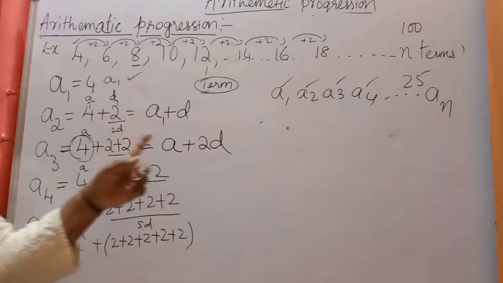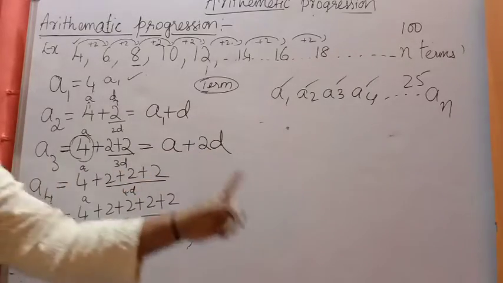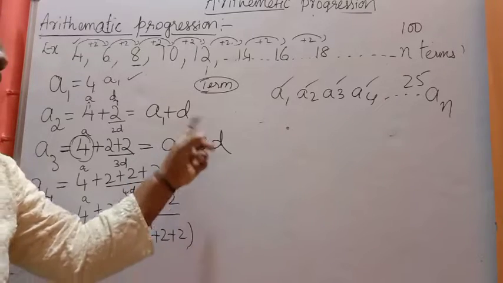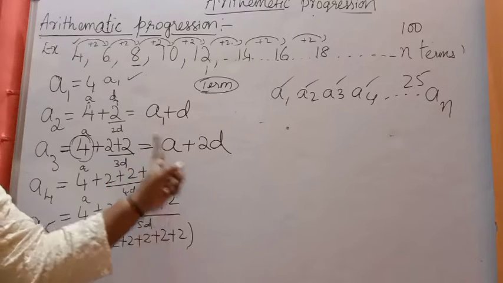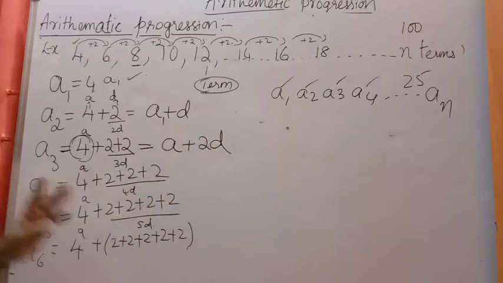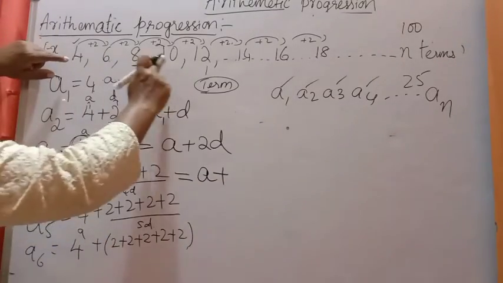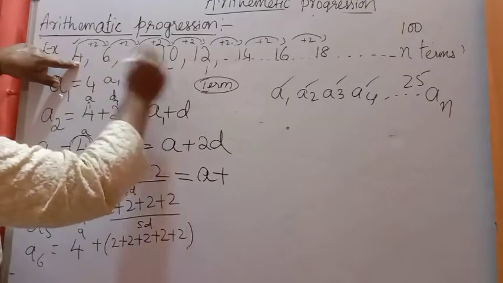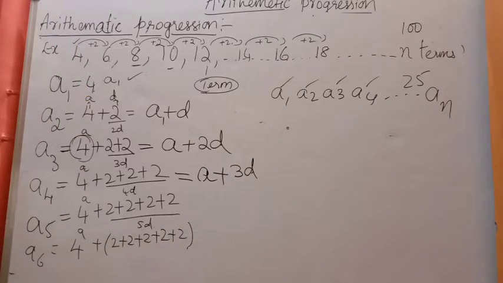For A3, you take 2 times the difference. For A4, 3 times the difference. For A5, 4 times the difference, because one term will be your A. A will be there, and then along with that you add the differences. For A4, starting from the first term A, how many times do I add the difference? 1 time, 2 times, 3 times. If I add the difference 3 times, I will get the 4th term.